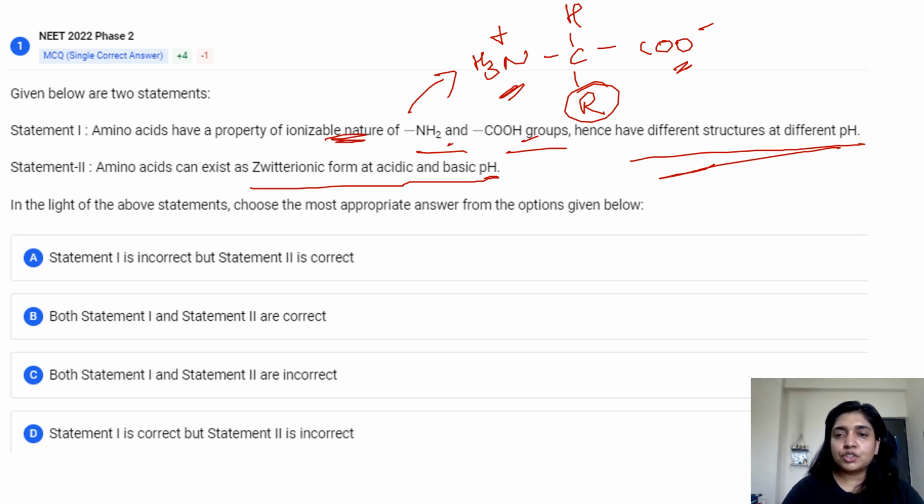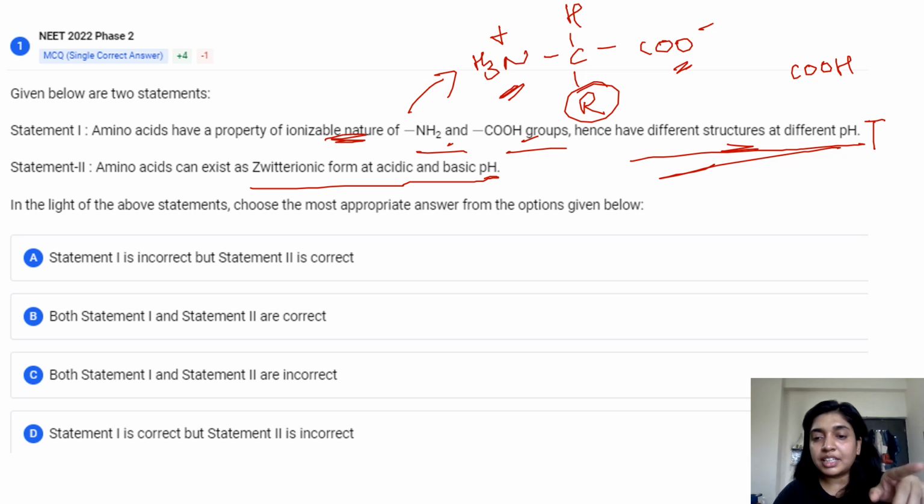It's true. So this is a true statement, because of which they have different structures at different pH, right? Because at an acidic pH, this COO minus would become COOH. So since the minus will be removed, its property will completely change. Now it's no more a neutral compound. Then it will become a positively charged compound, right?